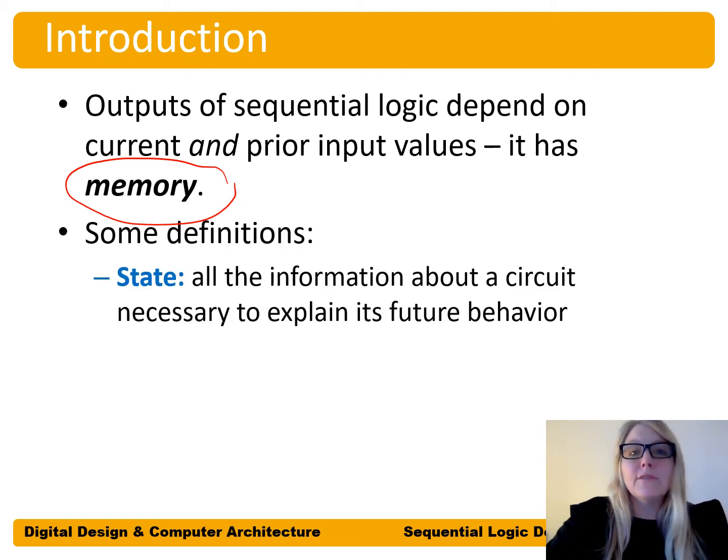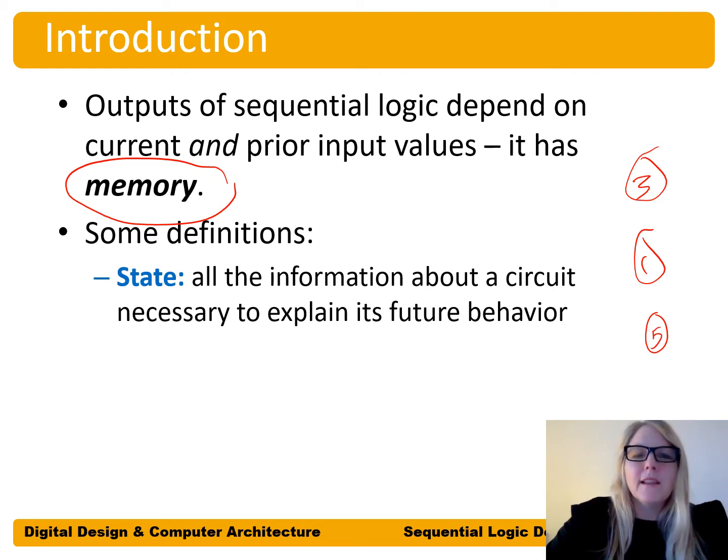And so let's define a few terms here. First term is state, and state is all the information about a circuit necessary to explain its future behavior. So for example, if you're entering the code 315 into your smartphone to unlock it, then the state would be holding, well, what state are we in? Have you entered the 3 yet?